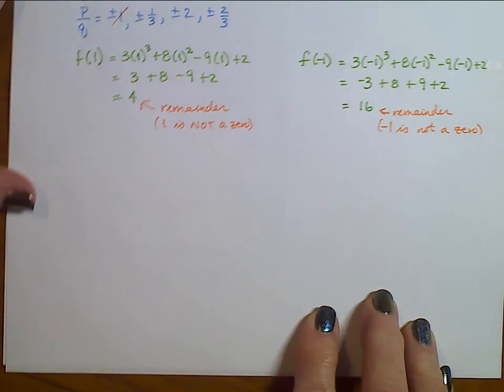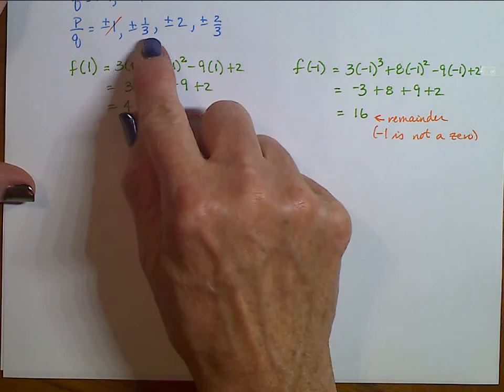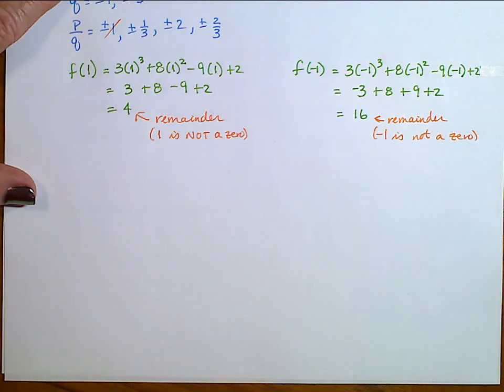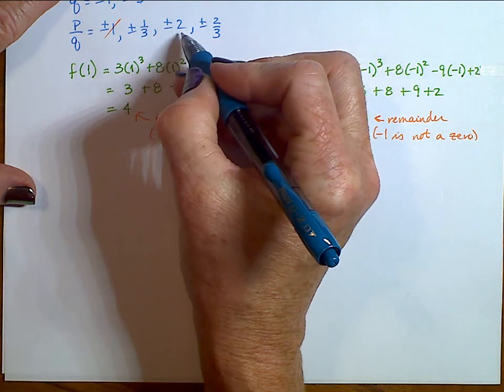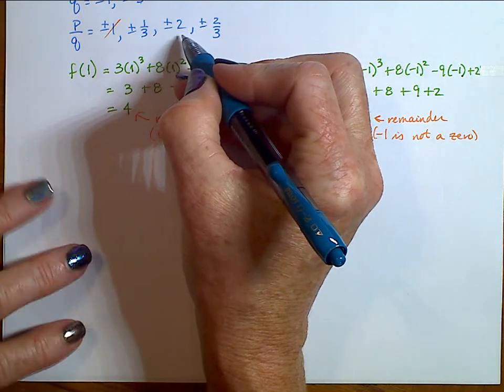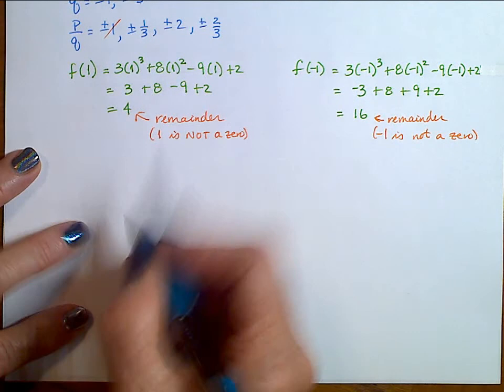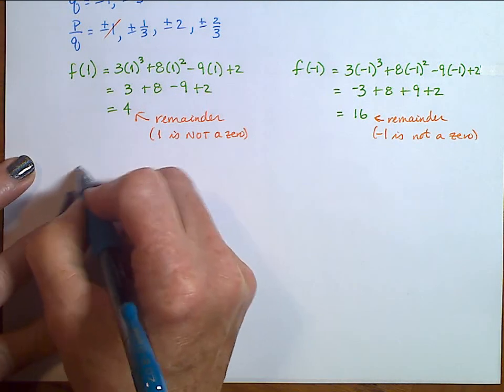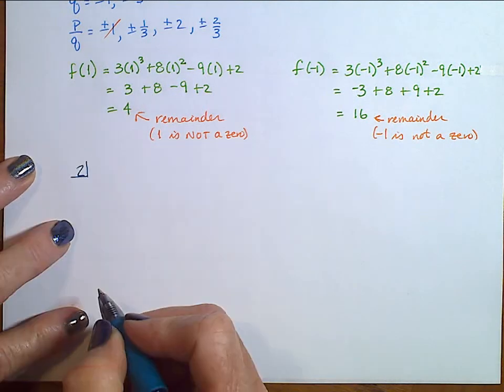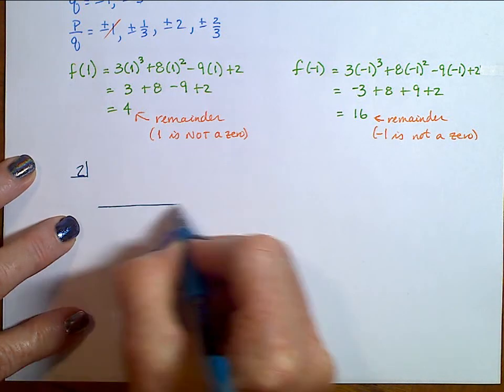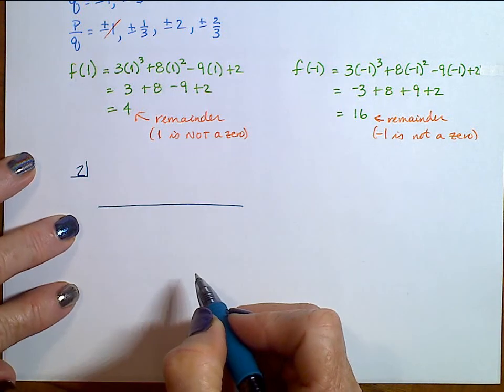So let's try, oh, I don't want to do fractions yet. Let's take care of these whole numbers. So let's try positive 2 first. We're going to do a synthetic division with the 2, and again, we're looking for a remainder of 0.